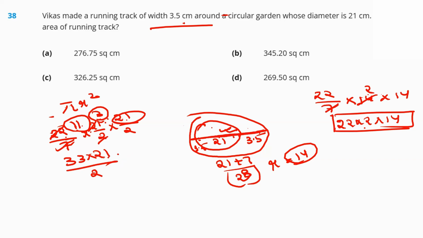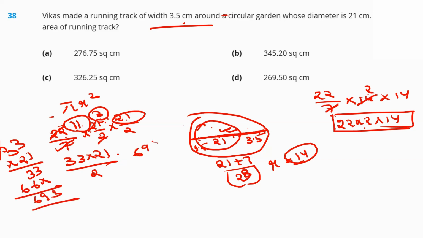That's how much? If we just multiply 33 into 21, we get 693 by 2. Okay. And this side, if we just multiply, that's 22 into 14 into 28.